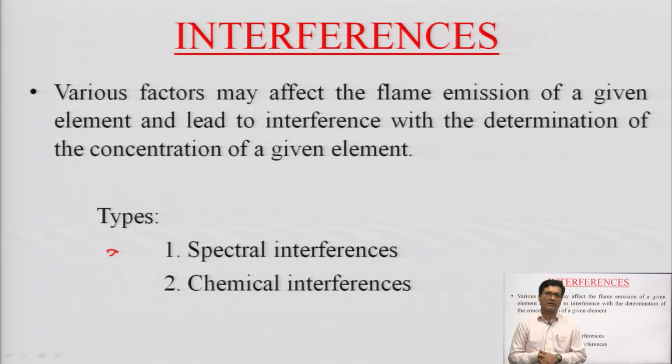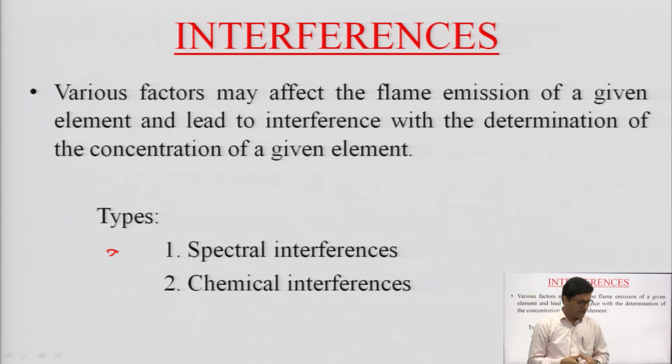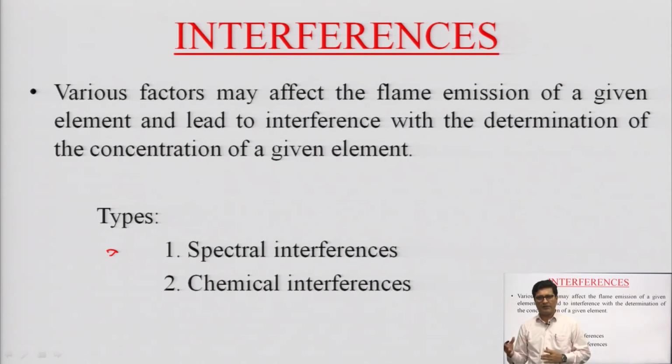These are the factors that may contribute to improper estimation or poor, insufficient results. Broadly, the interferences can be classified into spectral interferences and chemical interferences. Further, they also have subclasses.